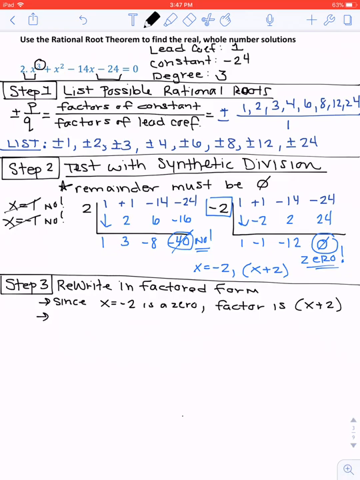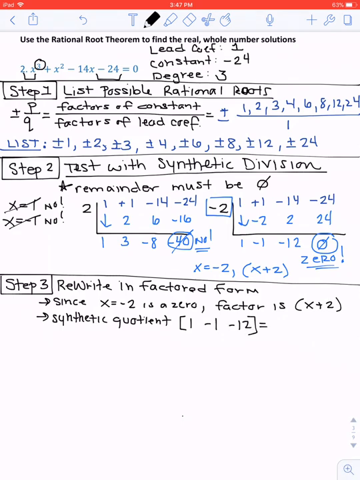And now we need to use our synthetic answer. Our synthetic quotient, what does it become? We have 1, negative 1, negative 12.